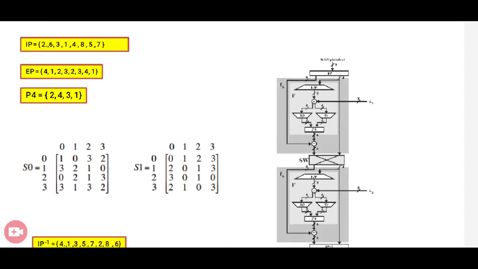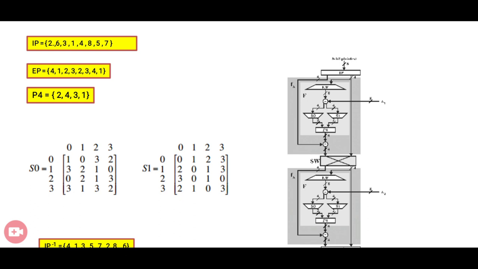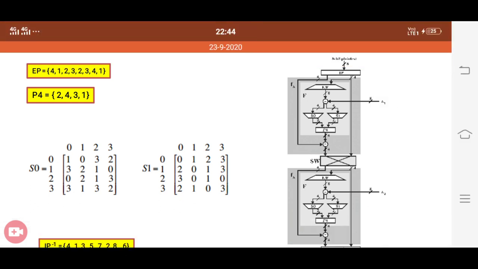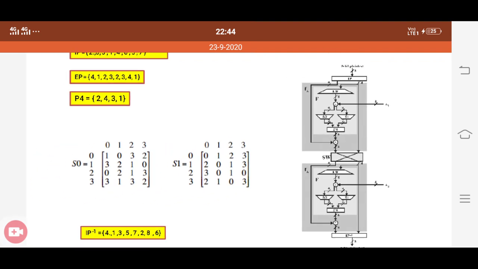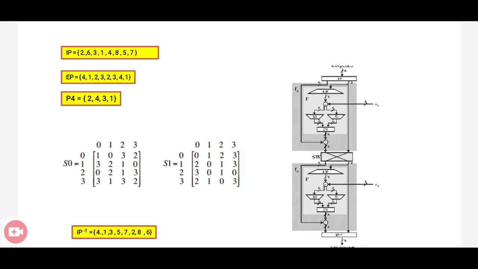And this is the detailed description of encryption. We have an 8-bit plain text. First we perform IP, initial permutation. Then we perform a round function. After the round function we have SW. SW is a switching or interchanging of two halves. Then we go to the next round.